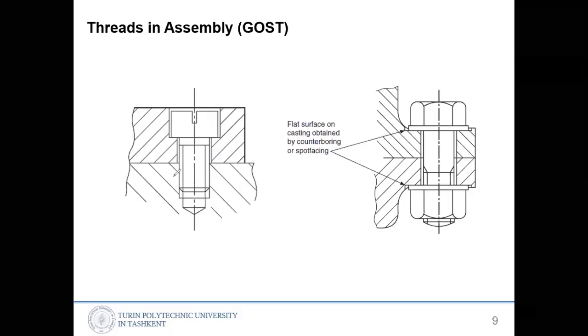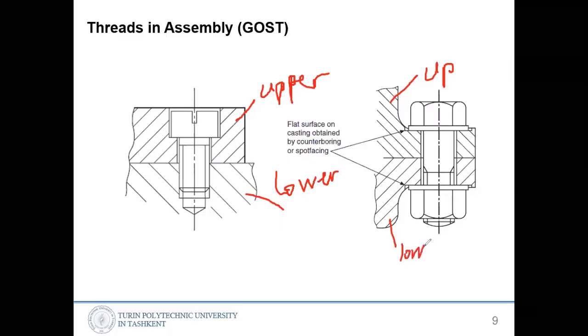And here is the difference between the screw and the bolt joint. When you have a part, so this one is the upper part, and that's the lower part. We are joining them here with a bolt.